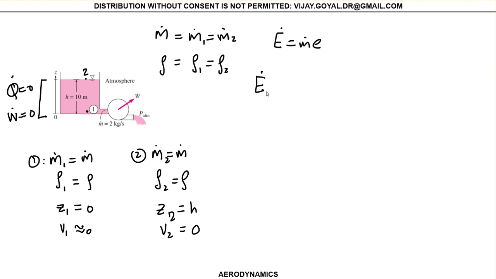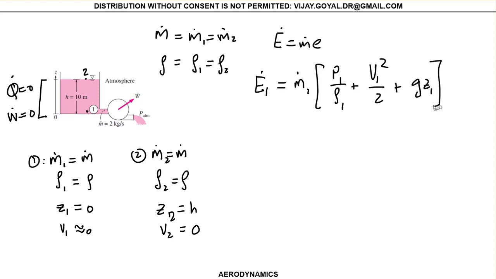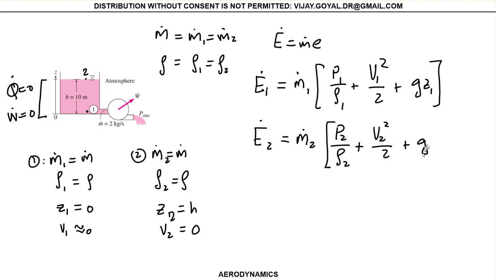So E1 dot will equal m1 dot times P1 over rho 1 plus V1 squared over 2 plus gz1, and E2 dot would be m2 dot times P2 over rho 2 plus V2 squared over 2 plus gz2.